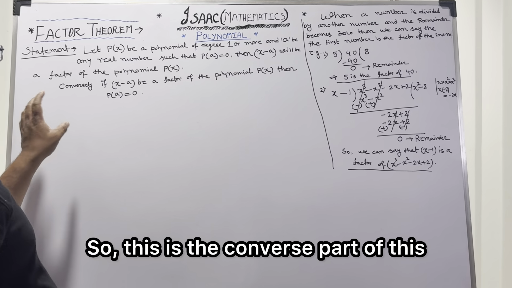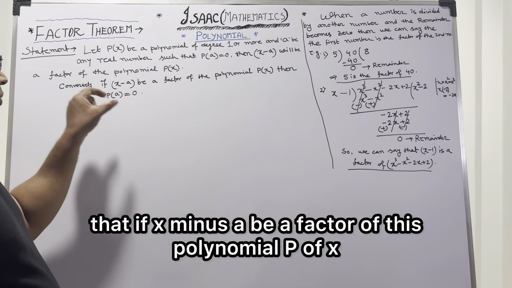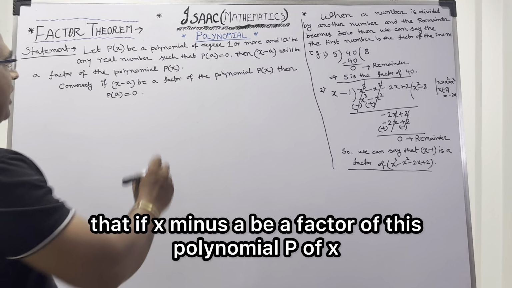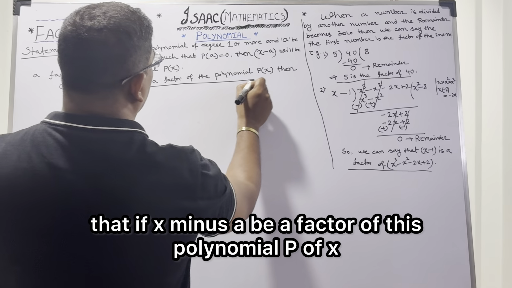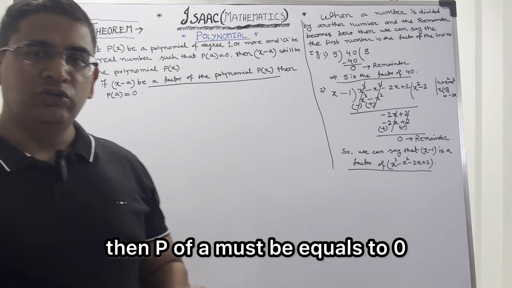Okay, so this is the converse part of this factor theorem. This converse part states that if x minus a be a factor of this polynomial p of x, then p of a must be equal to 0.